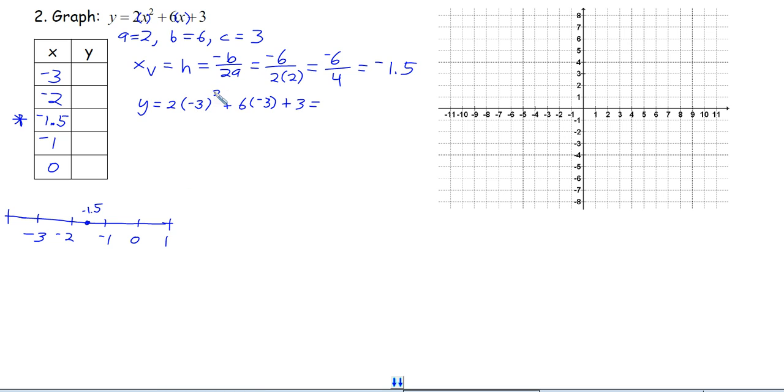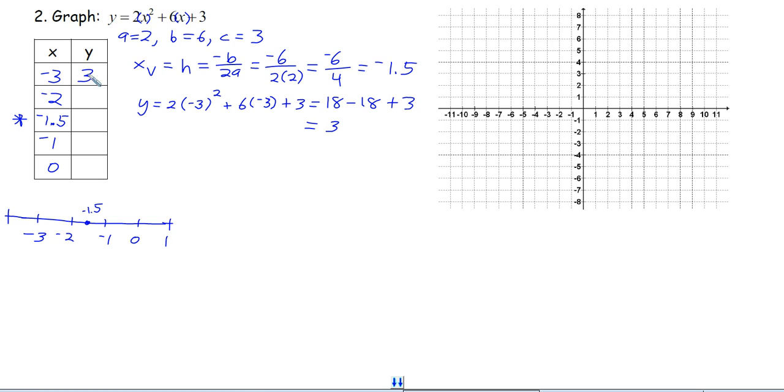Negative 3 squared will give us a positive 9, because a negative times a negative is a positive. Times that 2 will give us 18. Then we have 6 times negative 3 is a negative 18, so we could say minus 18 here. And then plus 3, so this would give us 3. If you use those parentheses, you should be able to plug all that in at once on most calculators.